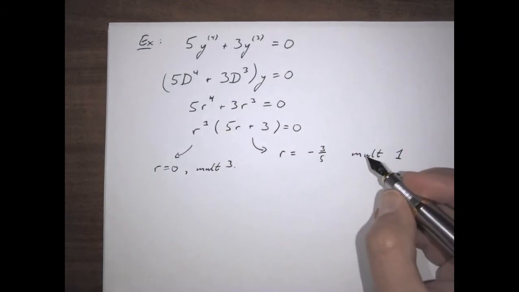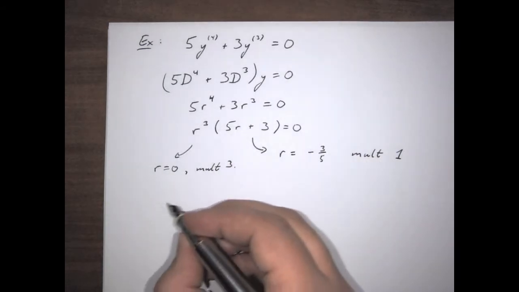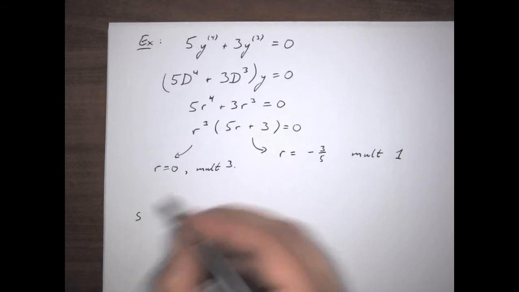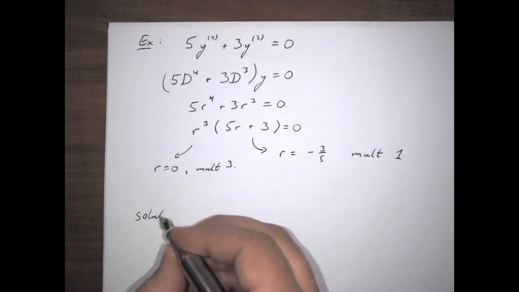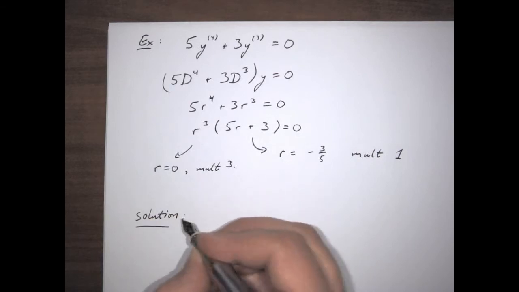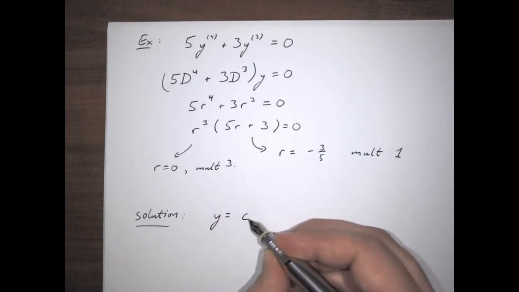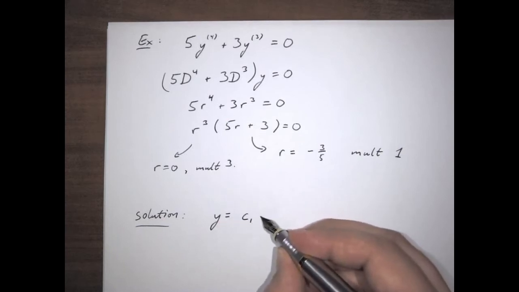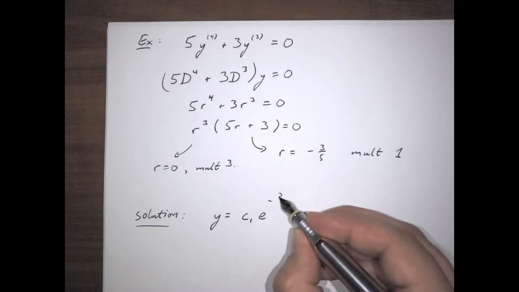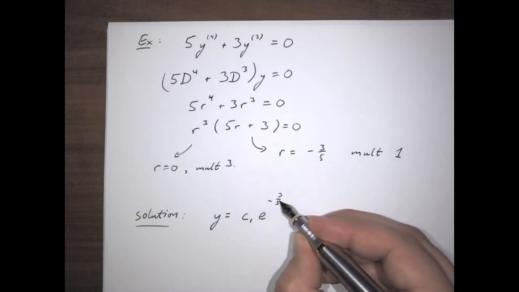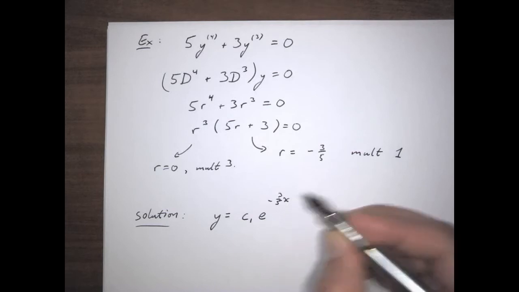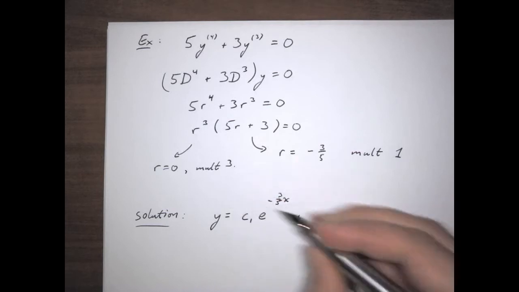So this one is not different from how we saw it before, but this one is. So the solution: we're going to have y equals c1 times e to the negative 3/5 x. That's just the same as we saw before.